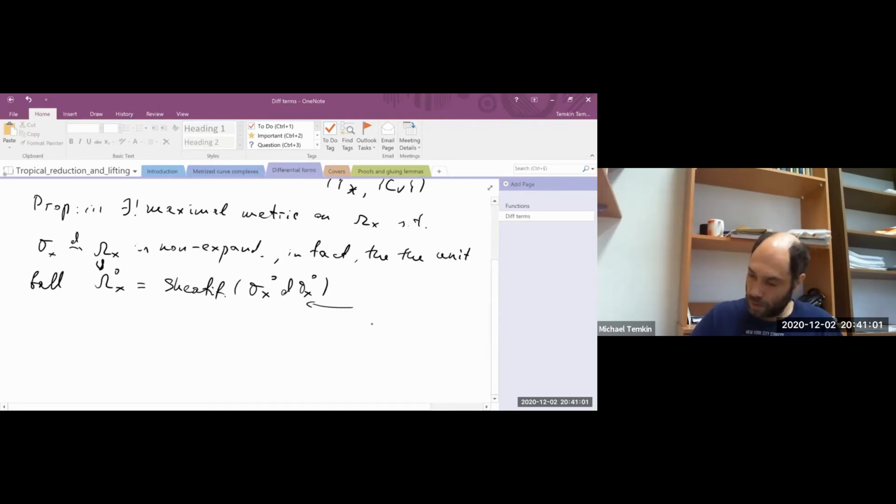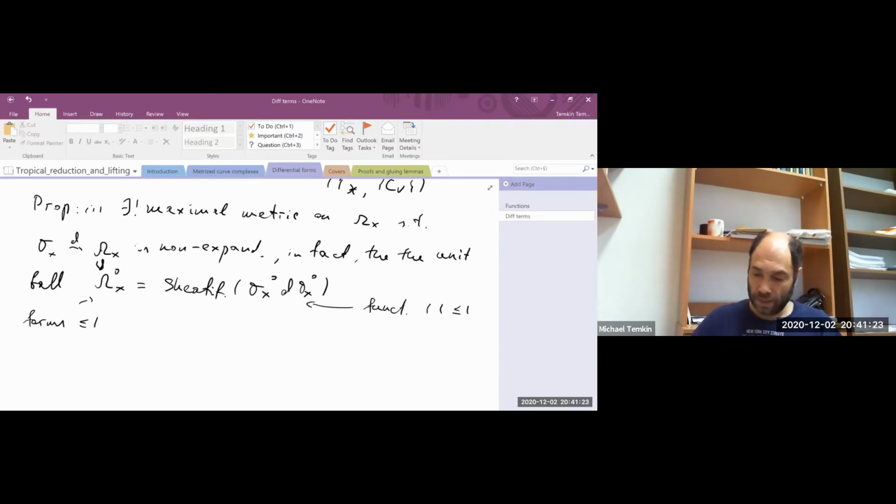So these are all functions of norm less or equal 1, and these are all forms of norm less or equal 1. Obviously, providing such an O_X° submodule of Ω_X determines a metric on Ω. Okay, good.